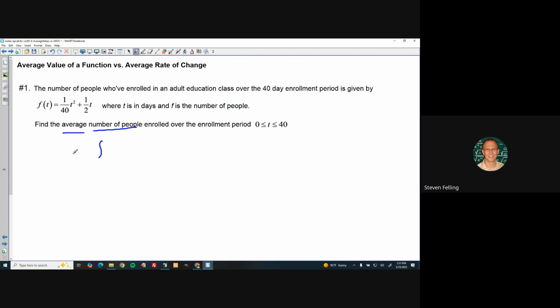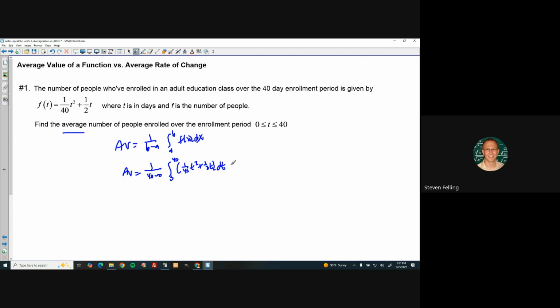All right, so the average value is equal to an integral. In general, it's 1 over b minus a times the integral from a to b of the function. So in this case, the average number of people is 1 over 40 minus 0 times the integral from 0 to 40 of that function, t squared plus 1/2 t, and we're integrating over t.